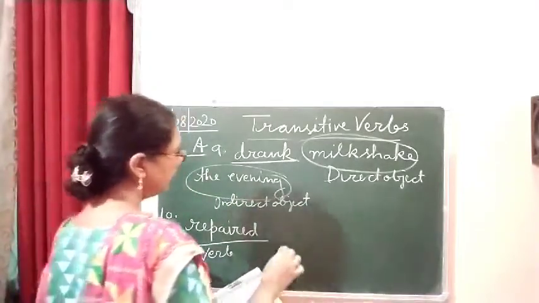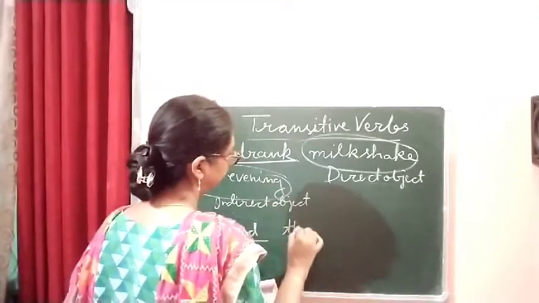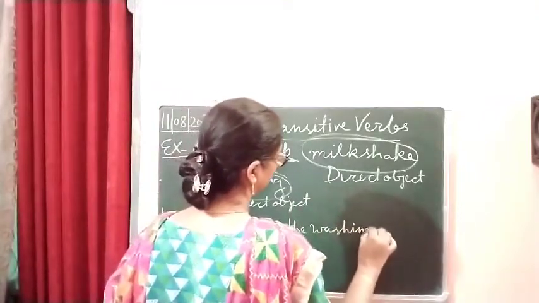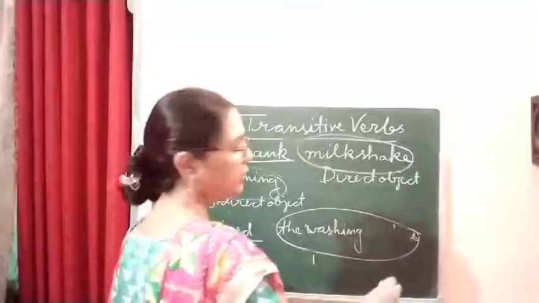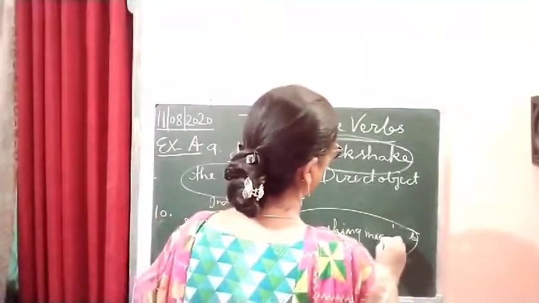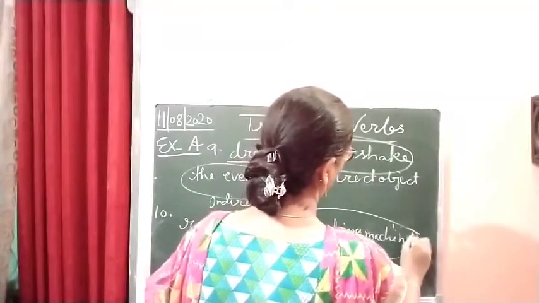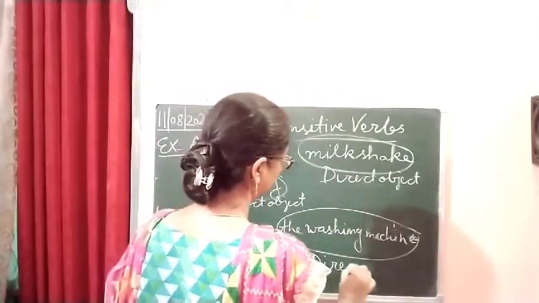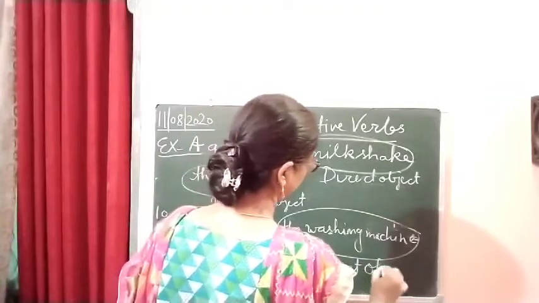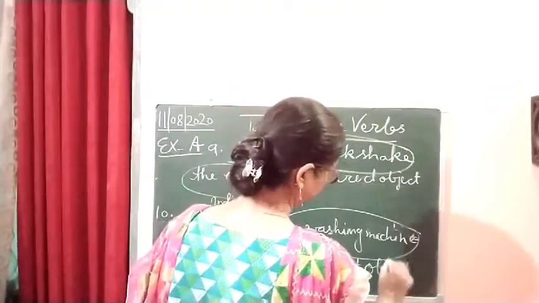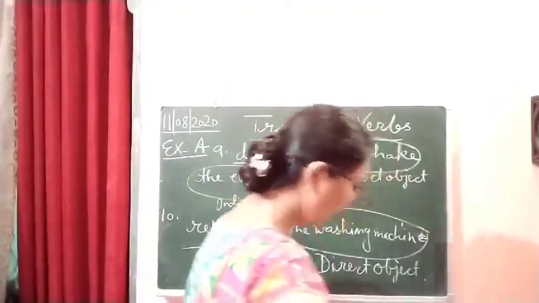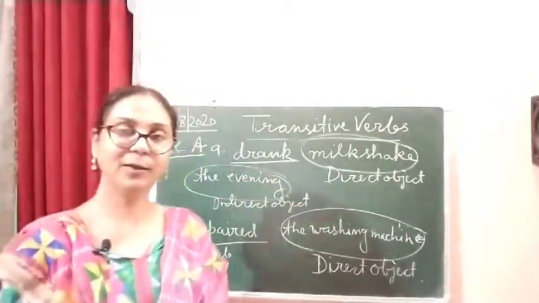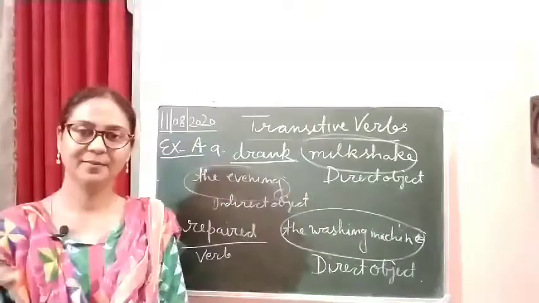The washing machine is the direct object. Now we have completed this exercise which was based on transitive verb.